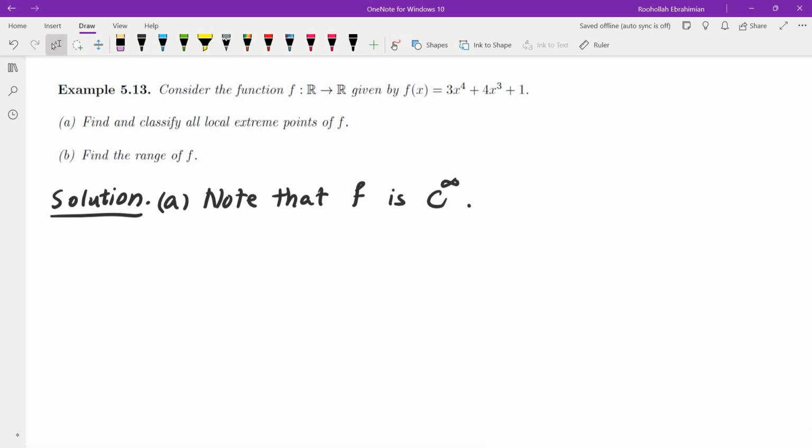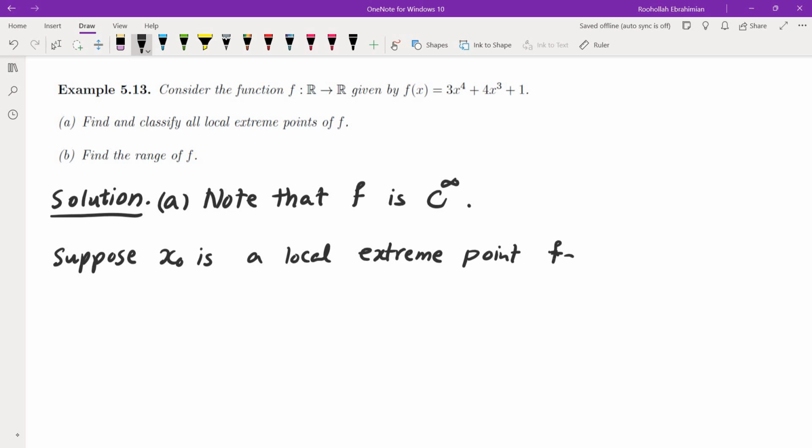So suppose x0 is a local extreme point for f.